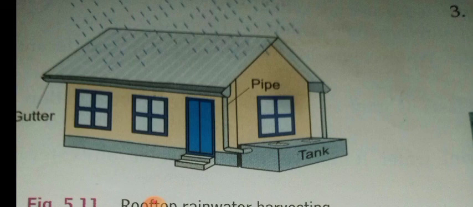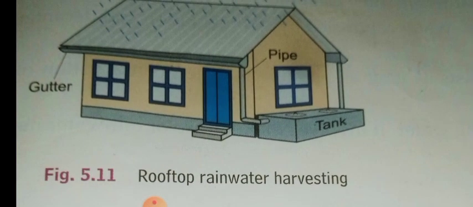So saving water is called conserving water. Okay, children, do you understand what conservation is? Conservation is saving. So how can water be conserved? Rainwater harvesting is one of the best ways to conserve water. It involves making use of rainwater instead of allowing it to run off.